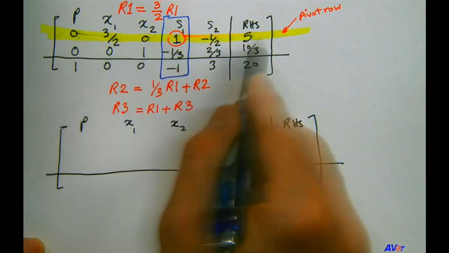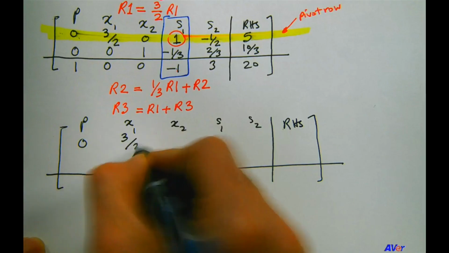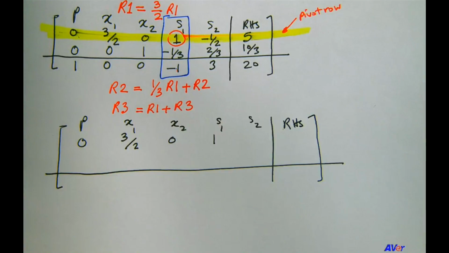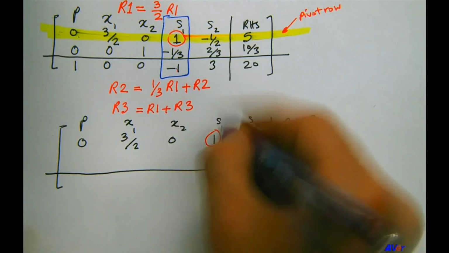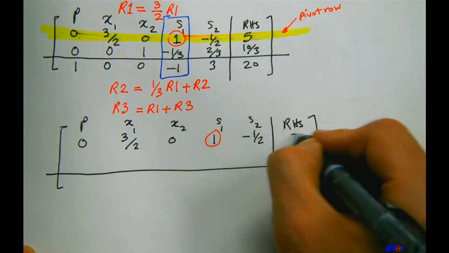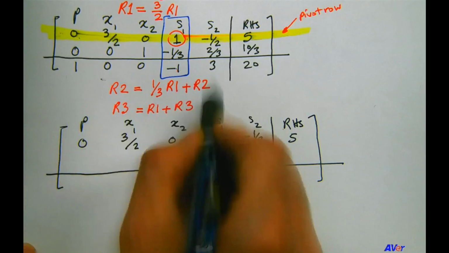The pivot row doesn't change, so I'm going to write it down as it is. 0, 3/2, 0, 1, and that 1 is our pivot element, minus 1/2, and 5.